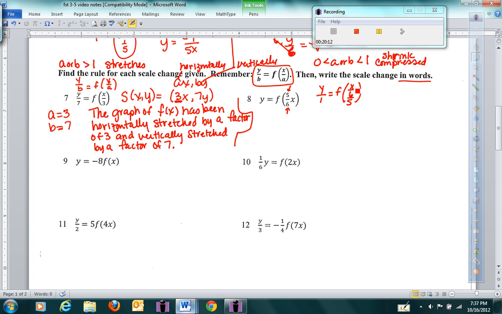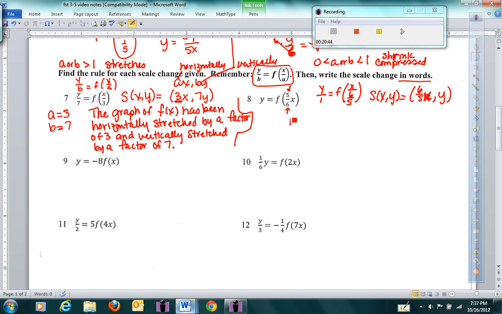We have to get that to a 1x, so we have to make that a 6/5. So the scale change rule would just be 6/5 x, sorry, A is 6/5, comma, and you could write 1y if you want to, or you can just write y. So basically nothing's happening to the height of it vertically, but it is getting wider because it has a 6/5 here that's bigger than 1.